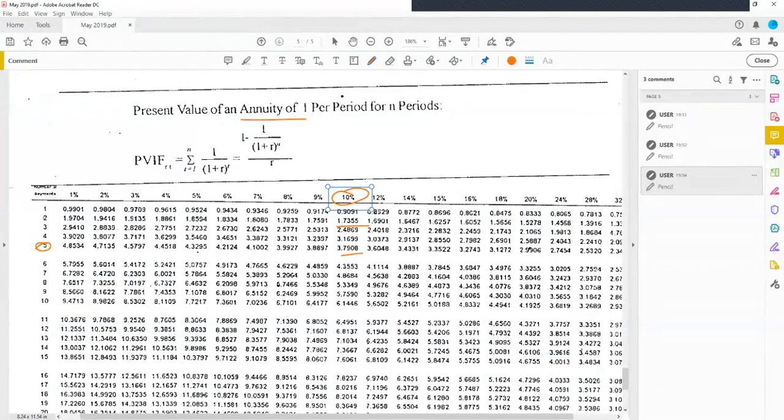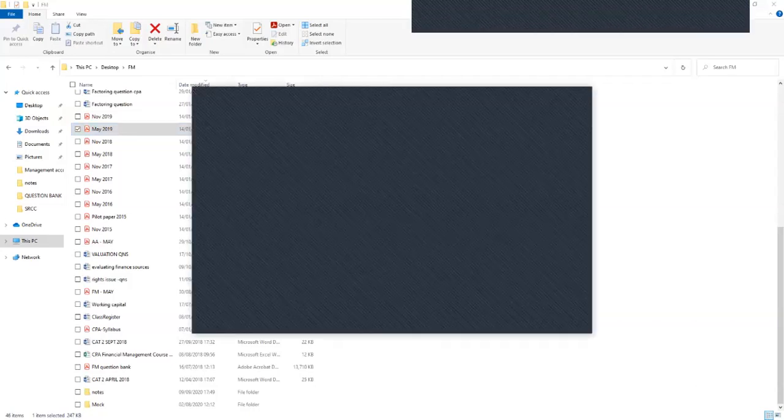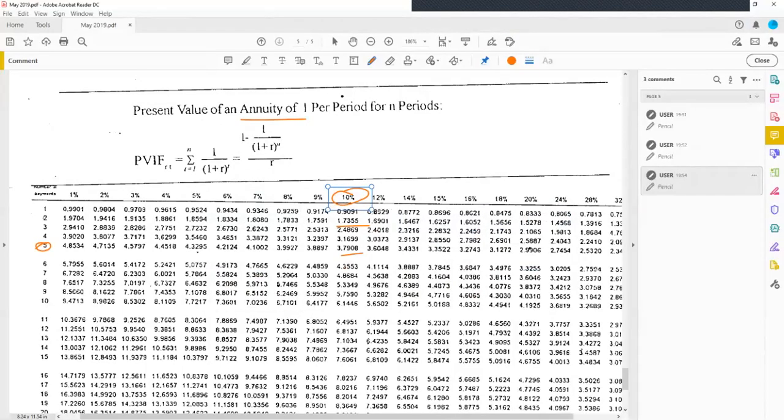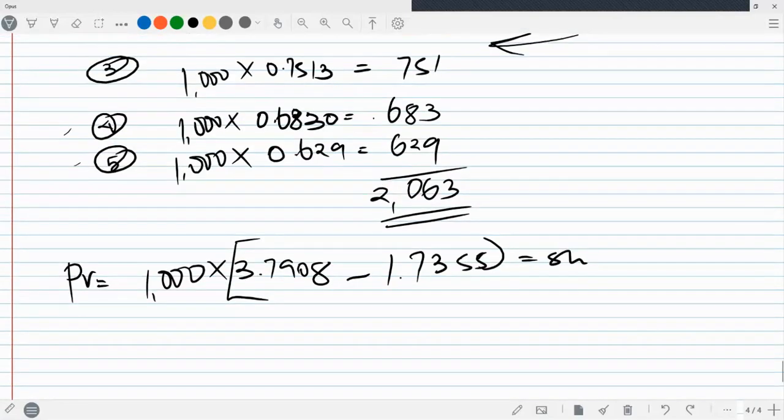So 3.7908 minus 1.7355, times 1,000, gives 2,055. We get 2,055 to be the present value.